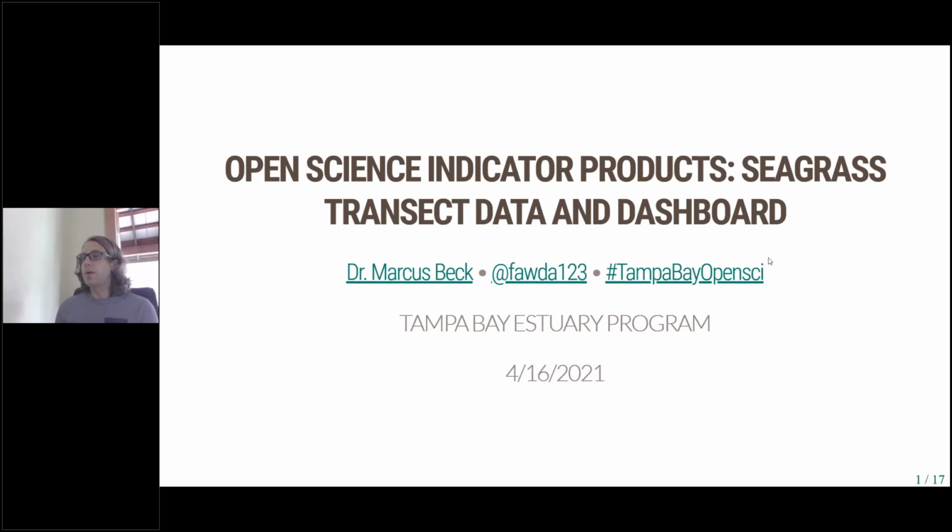So I've been over the last couple of months looking at that data set, thinking about some of the analysis tools and reporting products that can come out of using that data source. And I want to talk to you about what the work has been, bringing those data sets to the surface and how you can use them to get a better sense of changes in seagrass.